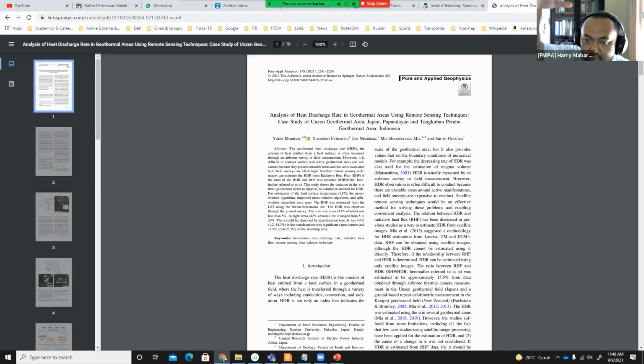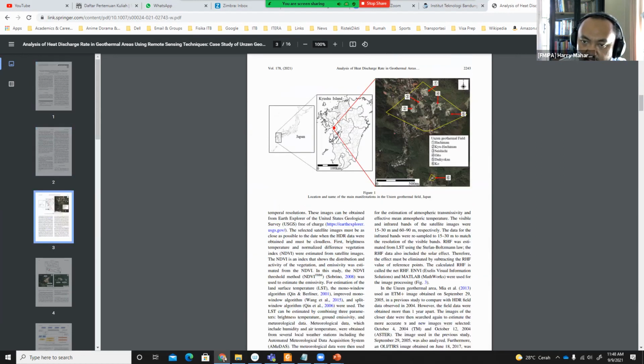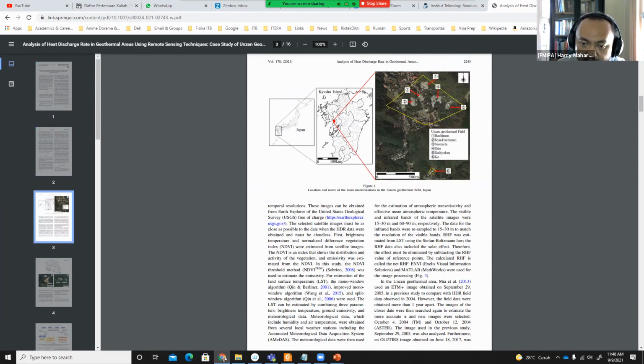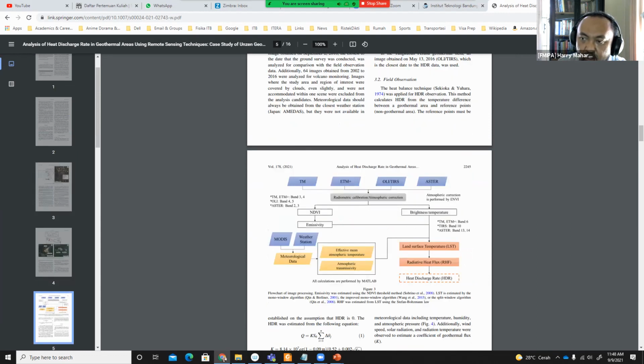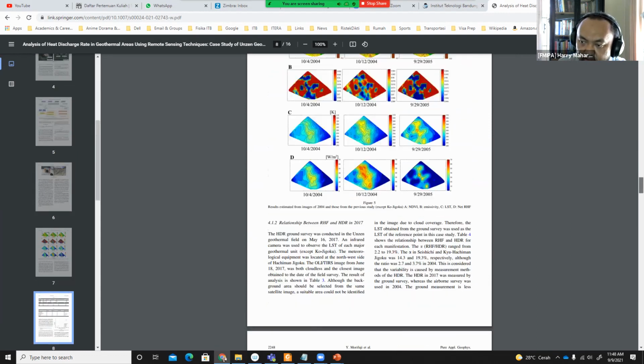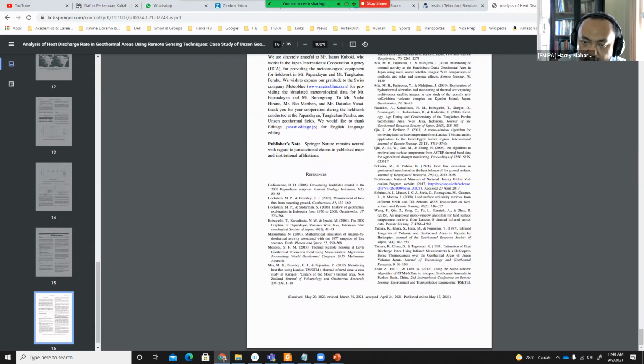Okay, so from satellites they look upon the land deformation or mass deformation that is happening inside or surrounding the volcano itself. Okay, so from here we can look at the sources.